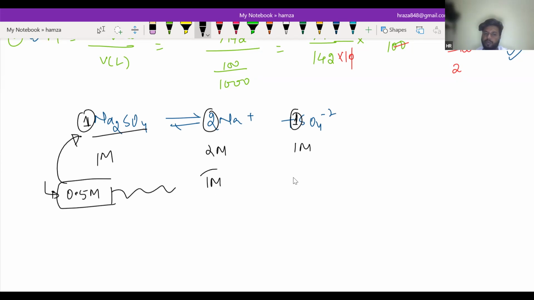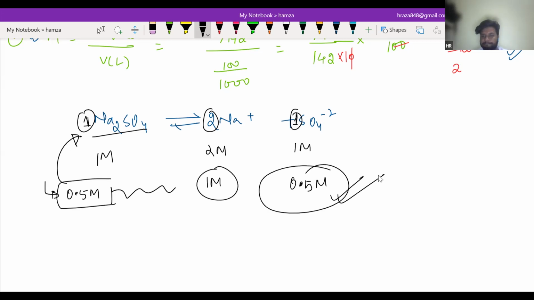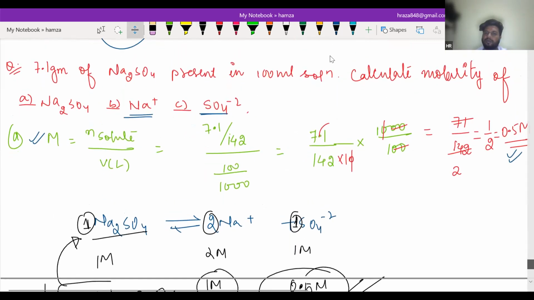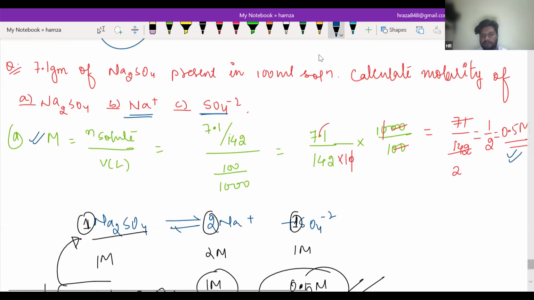That means 1 molarity and 0.5. Very good. Hamza, you have done this. Yes, sir. Okay, very good. So can we move to the next part? This is how we calculate molarity of ions.